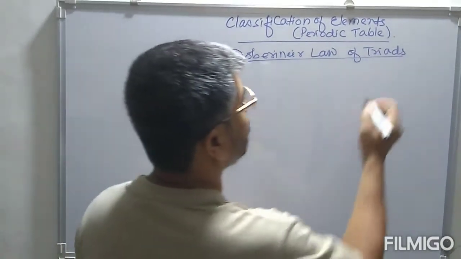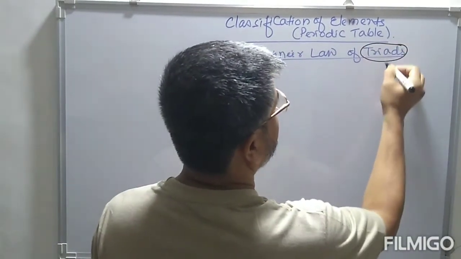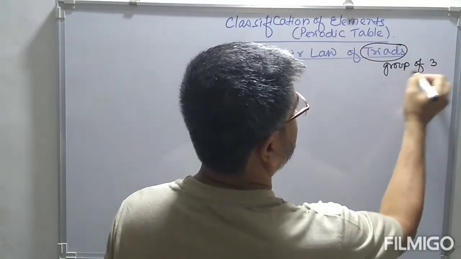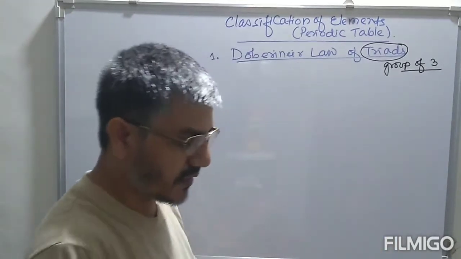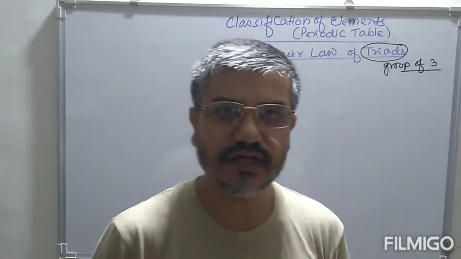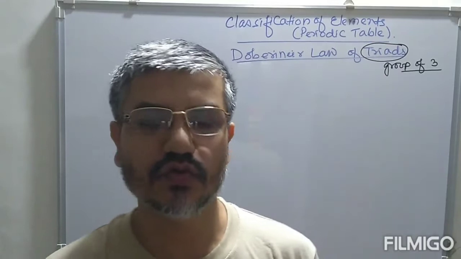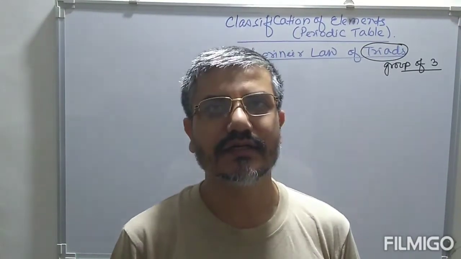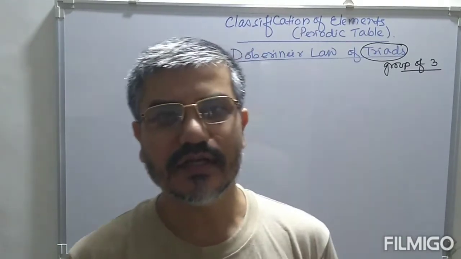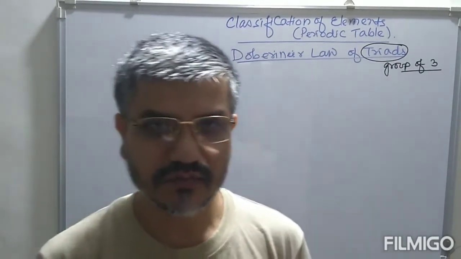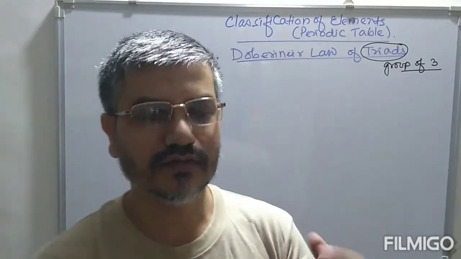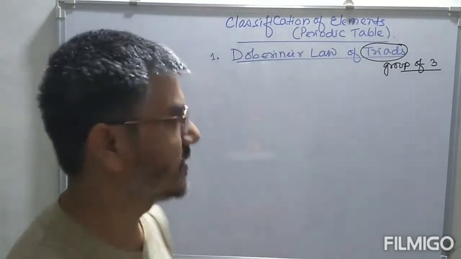Triad stands for a group of three. Now Dobereiner tried to classify elements into groups of three in such a way that the atomic mass of the middle element comes out to be the average of the first two elements.